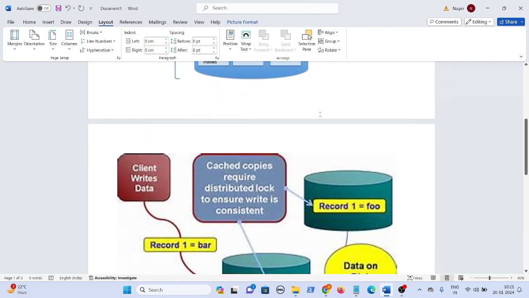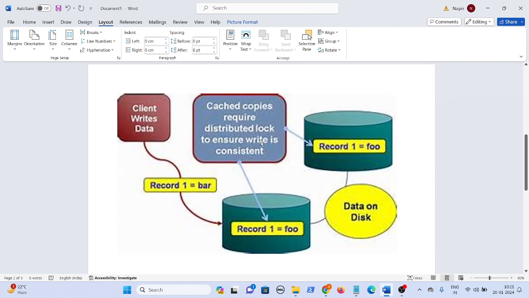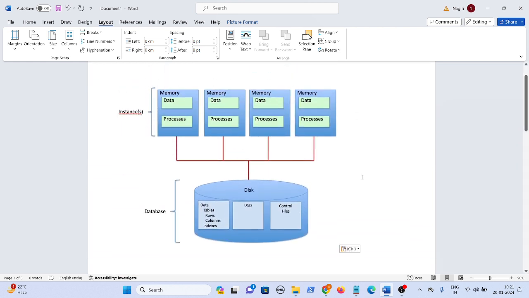Otherwise, it cannot update them. So it will acquire the lock to update the cached copies of all these. So you will have an extra overhead when you obtain a lock and update the entries, right? This contention and locking is the drawback in shared disk architecture.